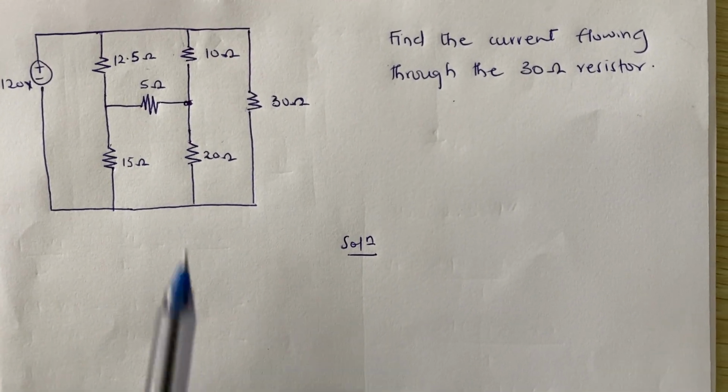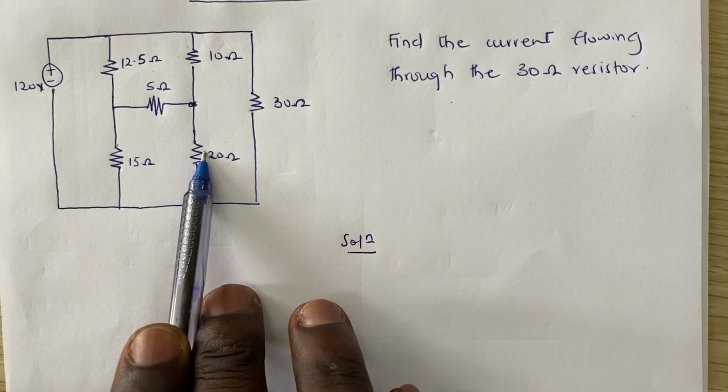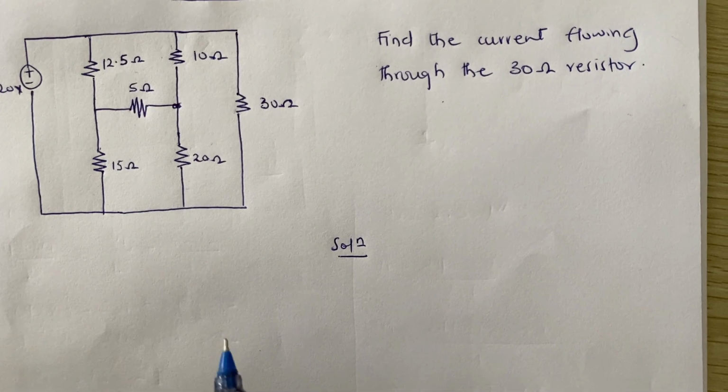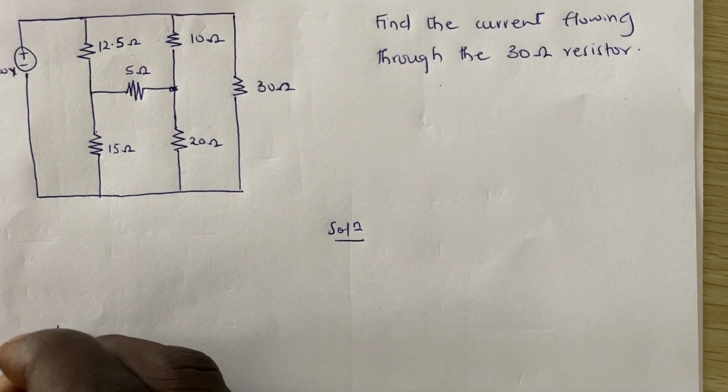So if we are to change this to delta connection, then we are going to get rid of these three elements, right? So our equivalent circuit is going to look like this.